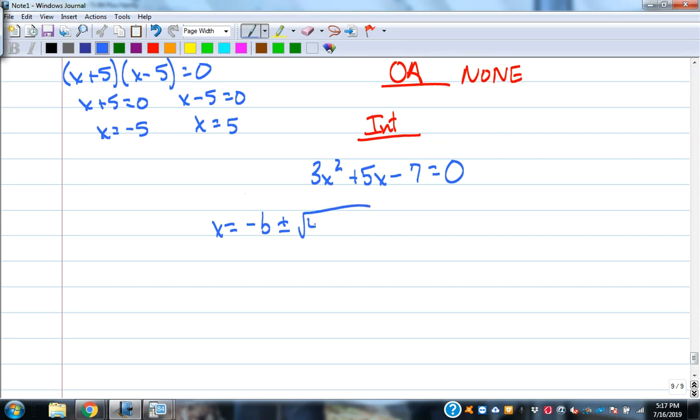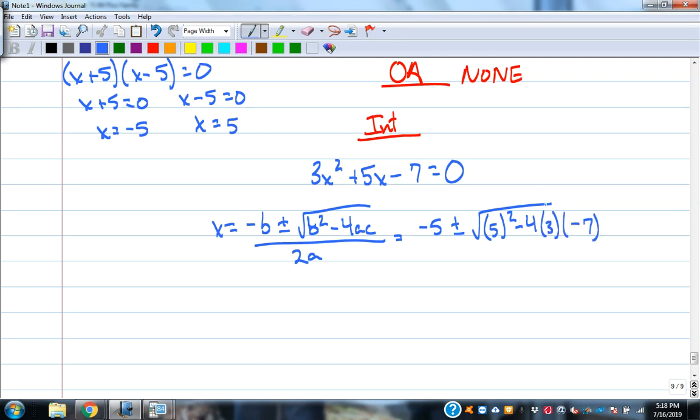Remember, plugging in that stuff. So -5 plus or minus the square root of 5 squared minus 4 times 3 times -7 over 2 times a.